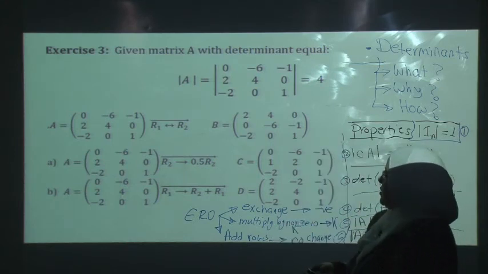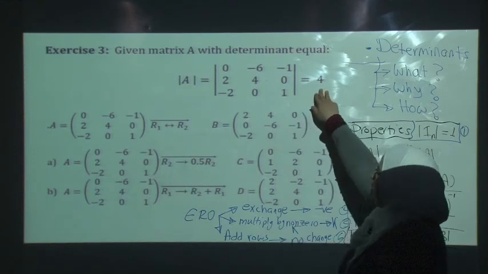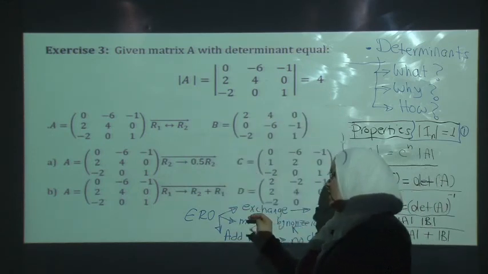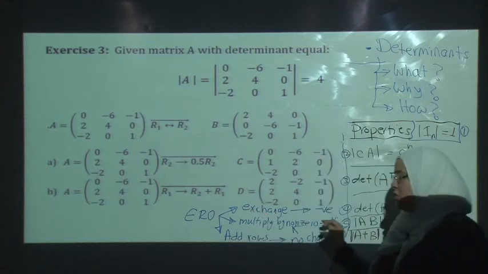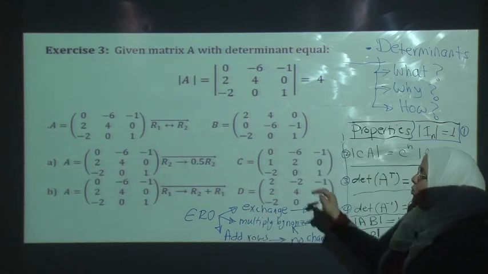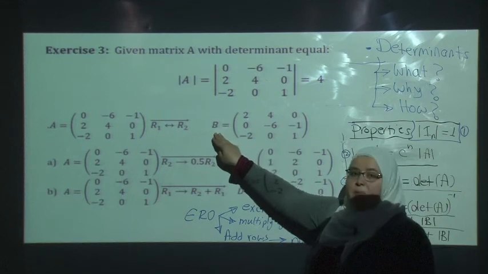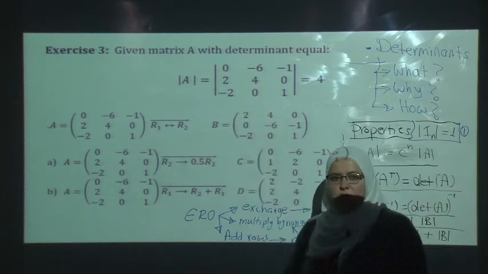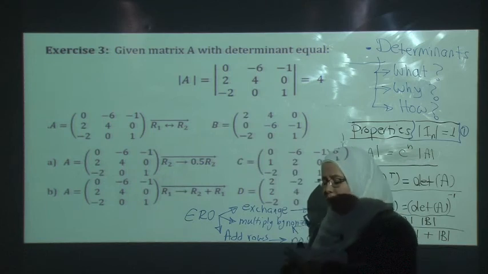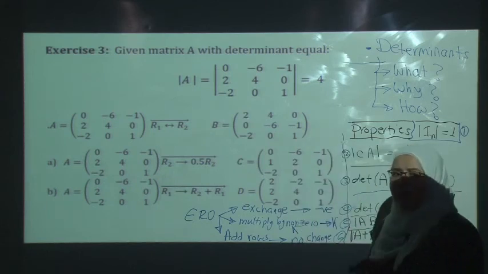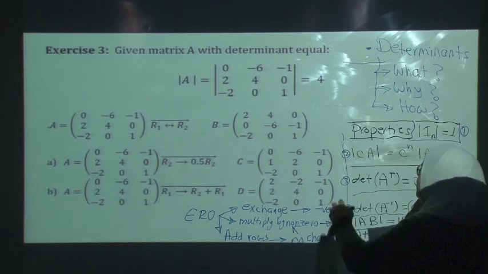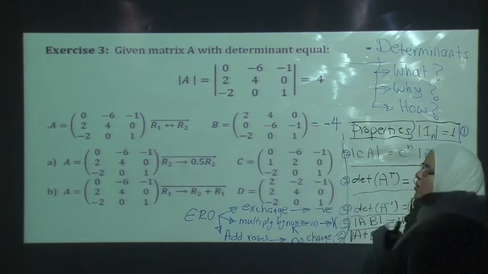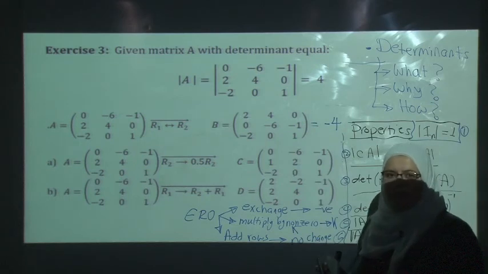Now we are discussing how the determinants change with applying different elementary row operations. If we have a matrix and we know its determinant, and we exchange two rows or two columns, this will add a negative. So now we know the determinant of B because it was deduced from A after exchanging the first two rows. We can directly know the determinant by adding a negative sign, so here the determinant is simply negative 4.